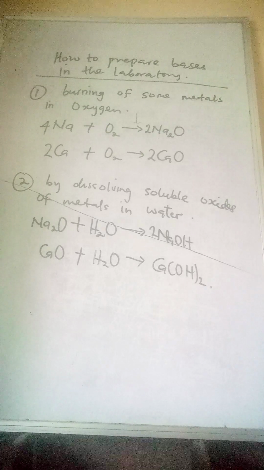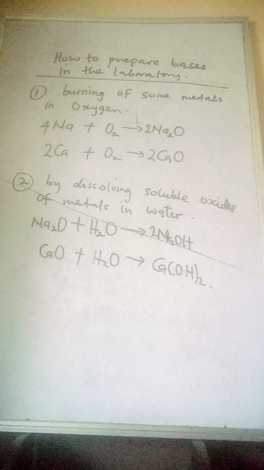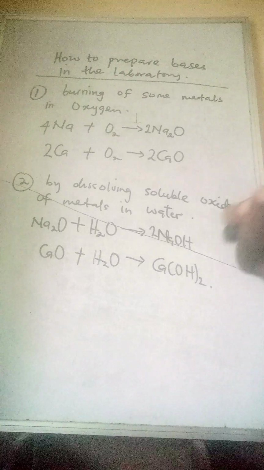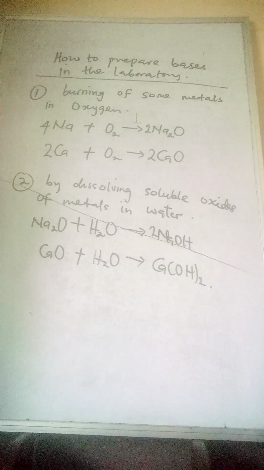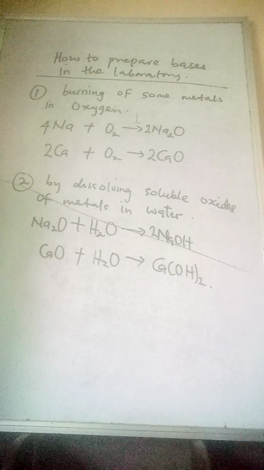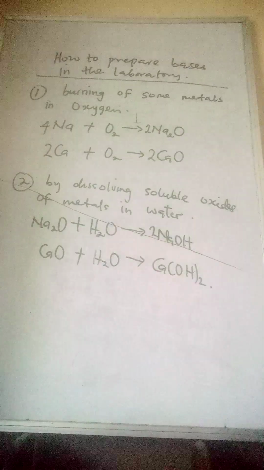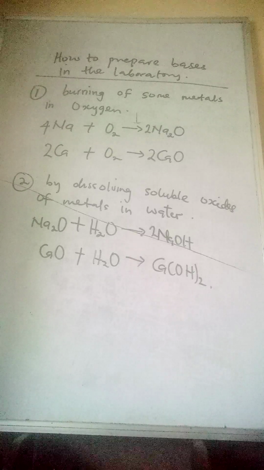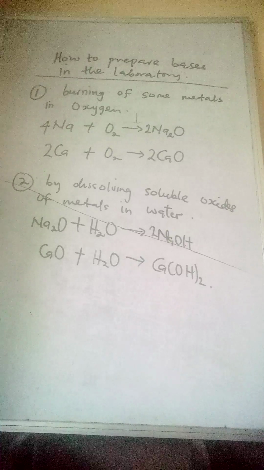So finally, what are the uses of bases or alkalis? They are mostly used in industries where they produce glass, yes, and where they produce soap, yes. Those are the areas where they are used, mostly.